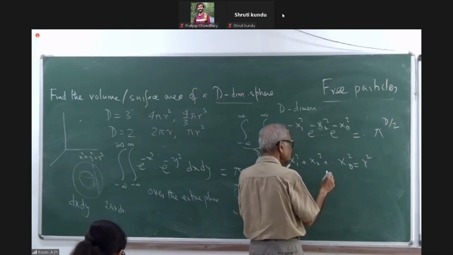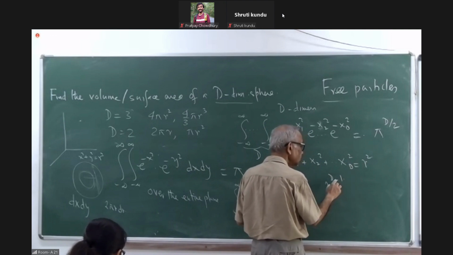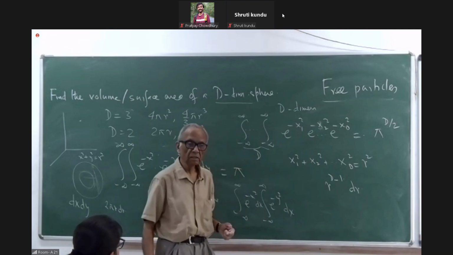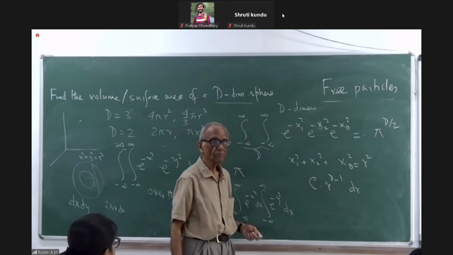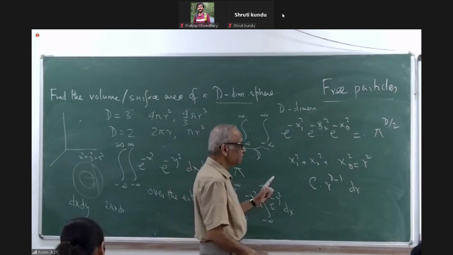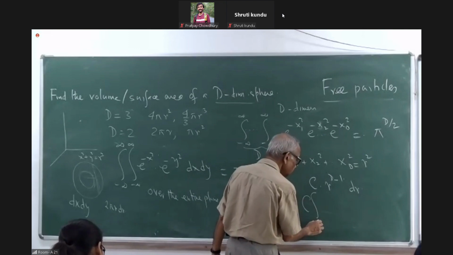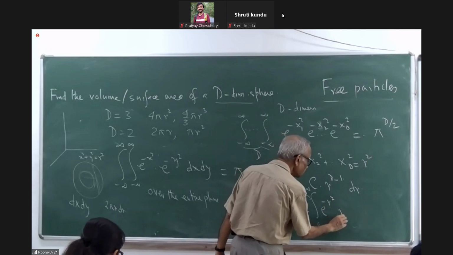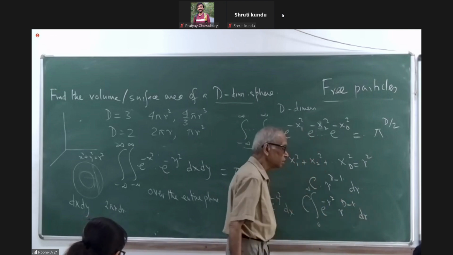Now it is a d-dimensional space, so dimensionally it has to be r to the power d minus 1 dr, and then there has to be a constant c over here. So it is c integral 0 to infinity e to the power minus r squared r to the power d minus 1 dr.